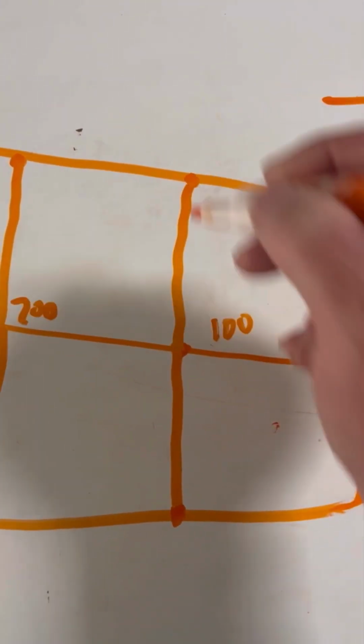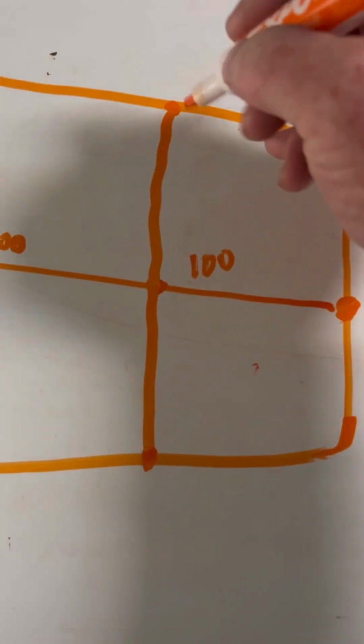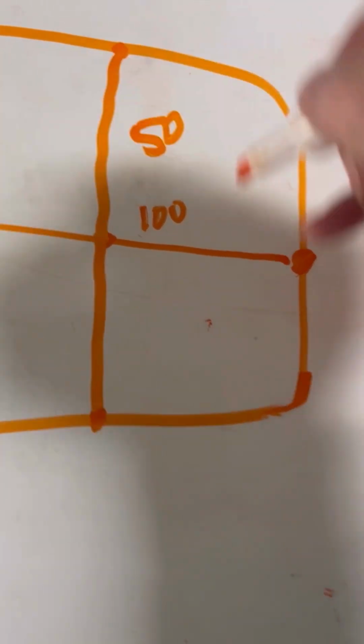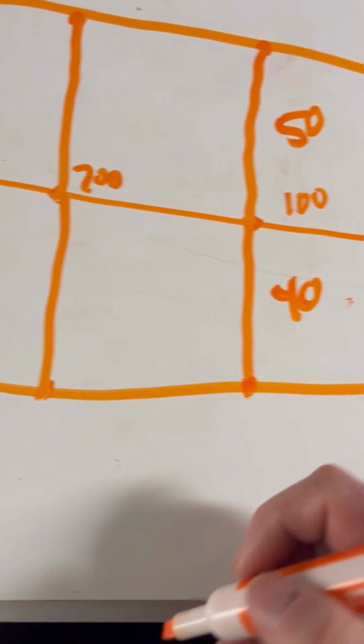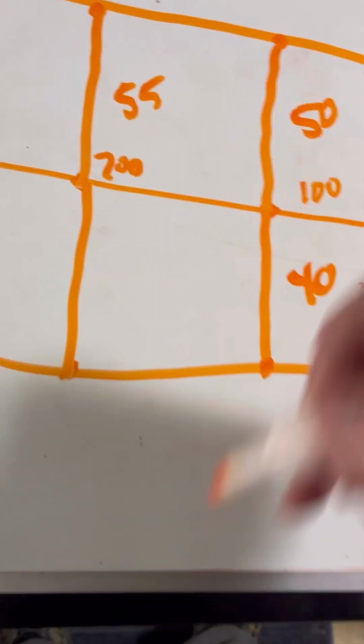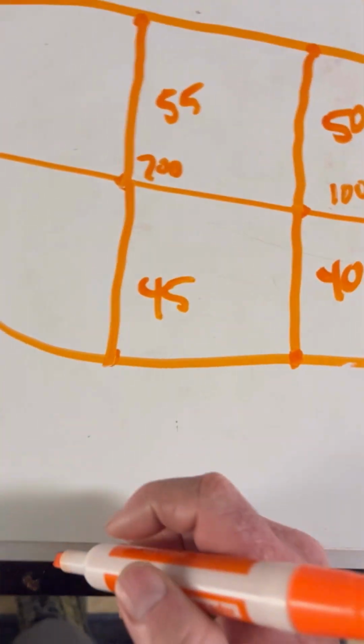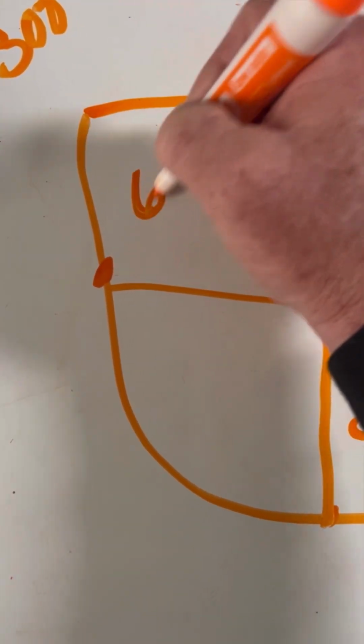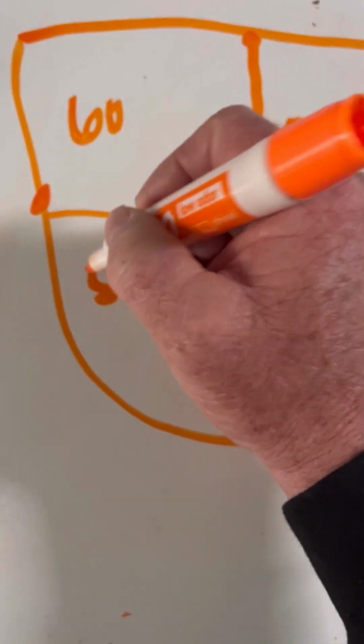Then you would measure these distances here. And so we'll just say that this is 50 feet, this is 40 feet, this is 55 feet, this is 45 feet, this over here is 60 feet, and this over here is 55 feet.